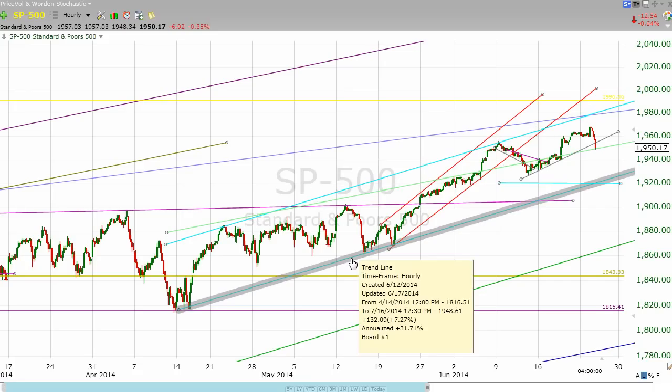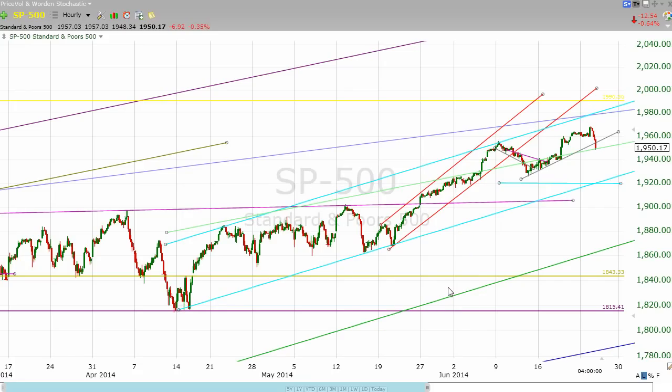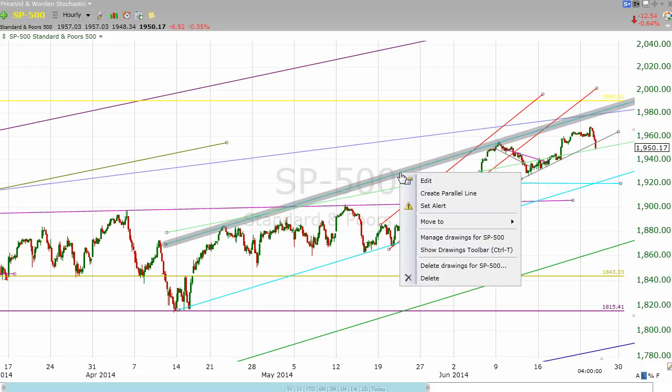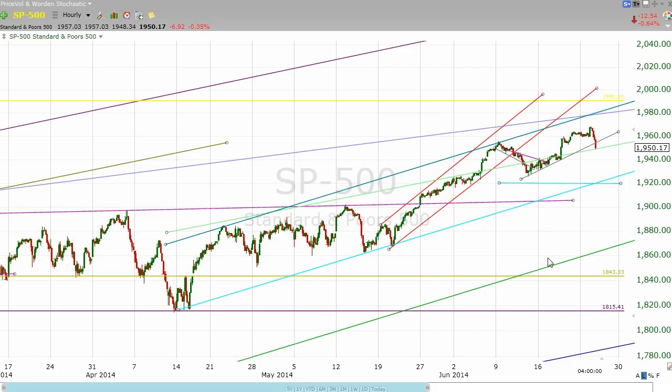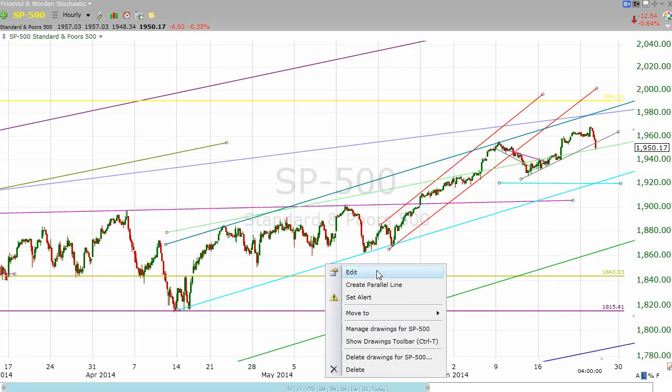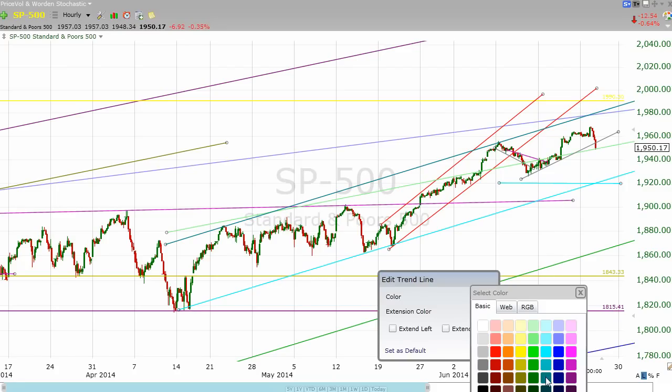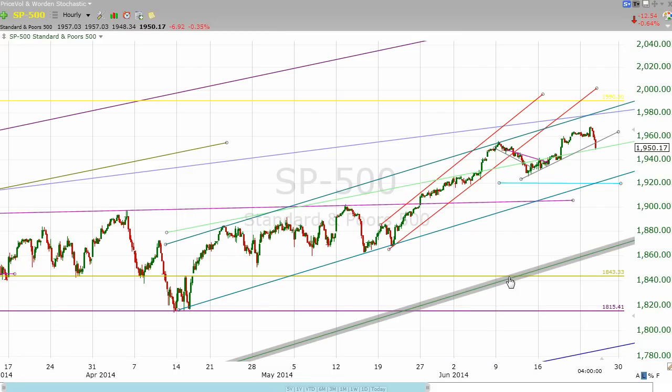Now, if we put this in context, what I want you to see are these two lines right here. And this one is a very light green line. I'm going to make these a little darker because I believe these might be more beneficial from this point on.